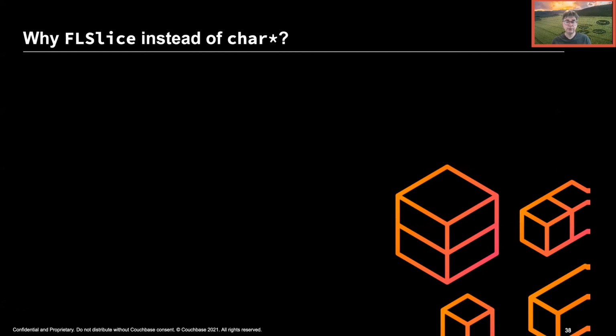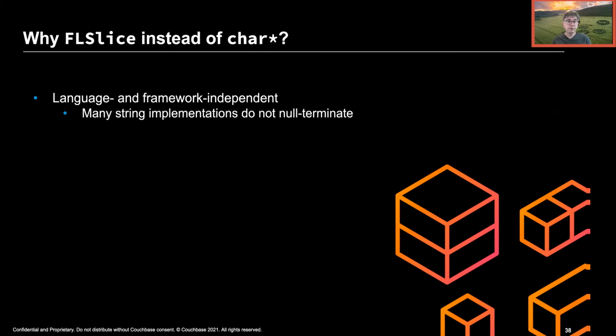So why did we go with this instead of char star? We wanted to be language and framework independent, since one of the purposes of Couchbase Lite for C is to create bindings to other languages. And it turns out that a lot of the string implementations in different languages and libraries don't store the strings in null terminated form.